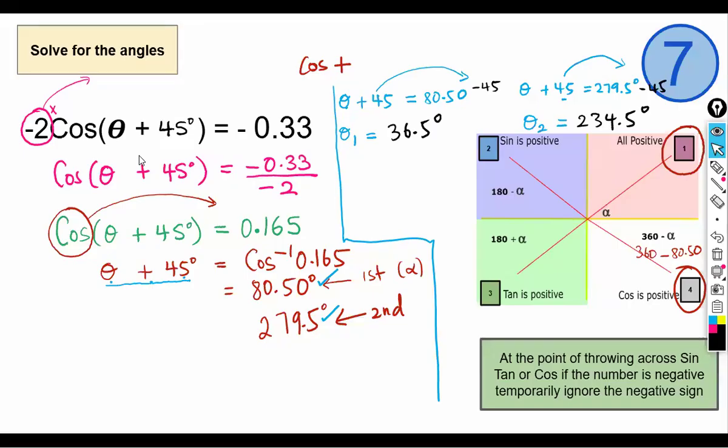The 36.5 and the 234.5 are the final answers. That's 80.5 minus 45. Oh, yeah, it's 35.5. My mistake, guys. Am I correct now? If I'm correct now, you can just raise your hands. All right.